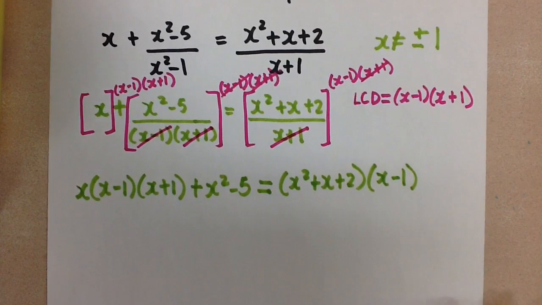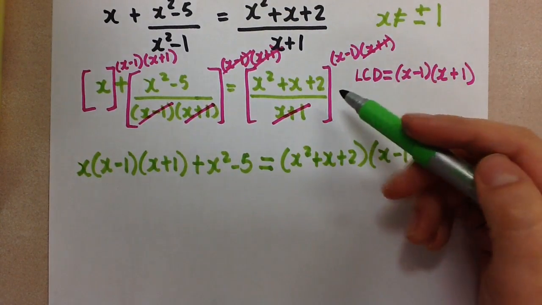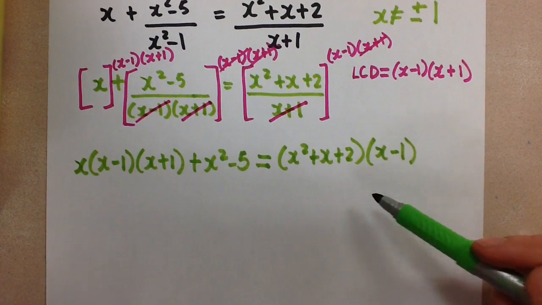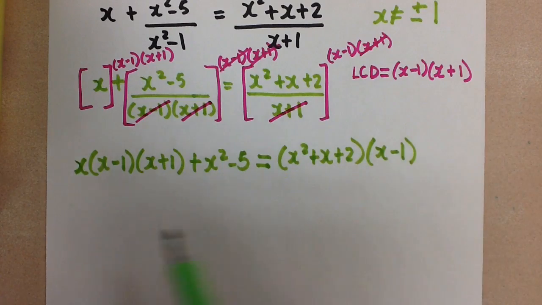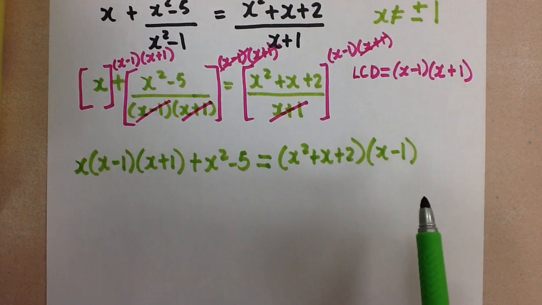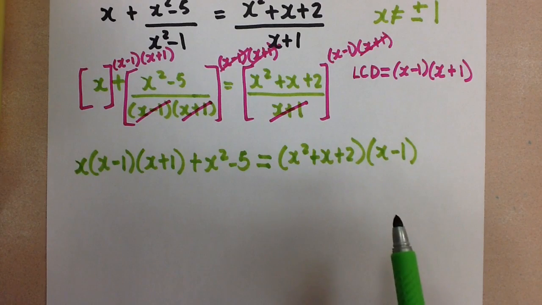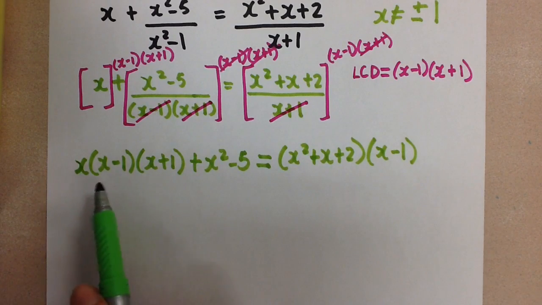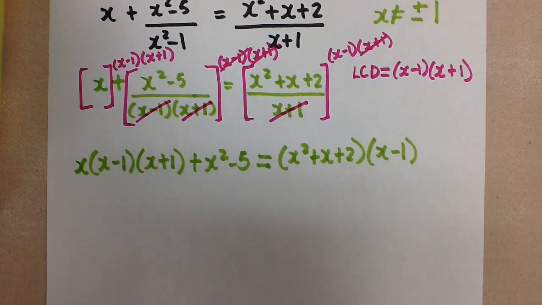Now you see that we've successfully turned our rational equation into a polynomial equation, and we know how to solve these now. So we're going to distribute everything and collect like terms so that we can end up with a quadratic, actually we'll have a cubic function here that we can solve.